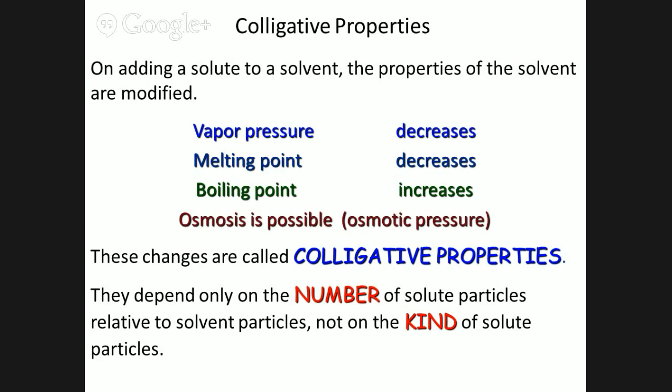The reason I said you might see it on TV is they've had a lot of snowy weather back east, freezing, and with our recent rain here, some snow up in the mountains, and so to prevent them from icing up quite as easily, they add some salt to the streets. These depend on the number of solute particles relative to solvent particles and not on the kind of solute particles, but they can change the freezing point, melting point, boiling point, etc.